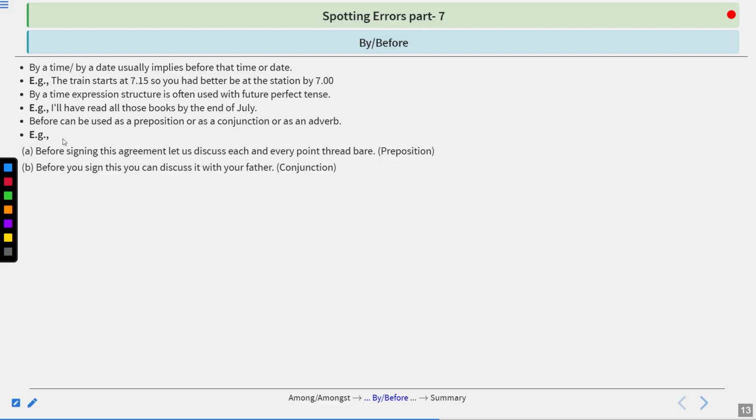Before you sign this, you can discuss it with your father. Here before is used as a conjunction, because it is connecting two clauses. I have seen her somewhere before. Before here is used as an adverb. That's why we have placed it at the end of the sentence.